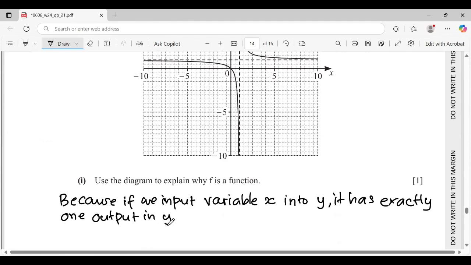Here y is the range of the function, right?